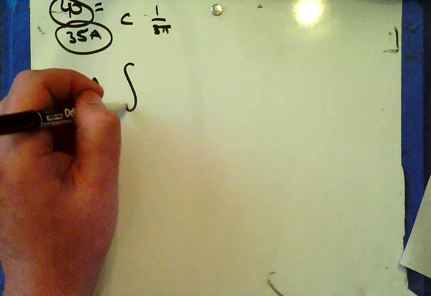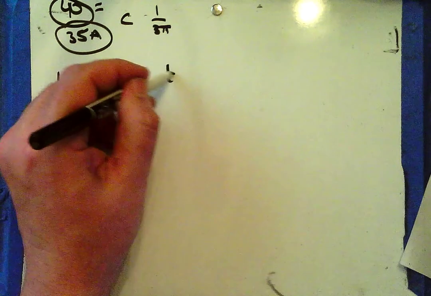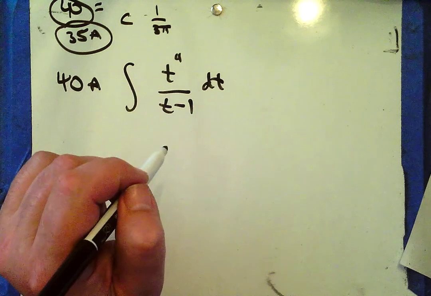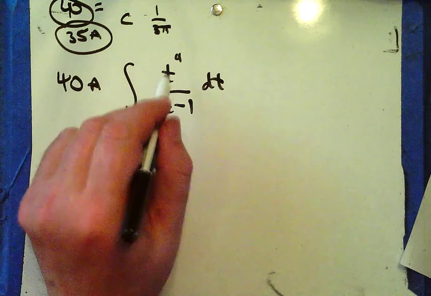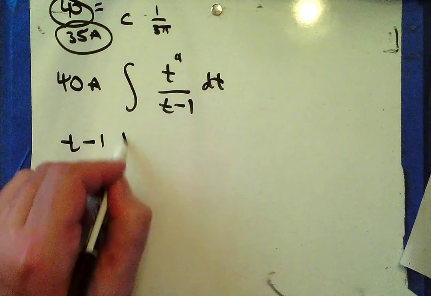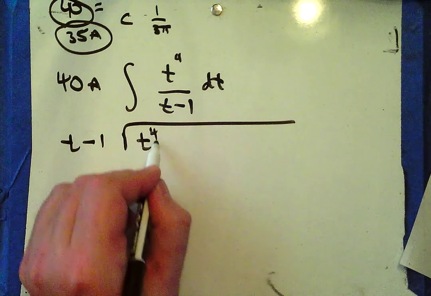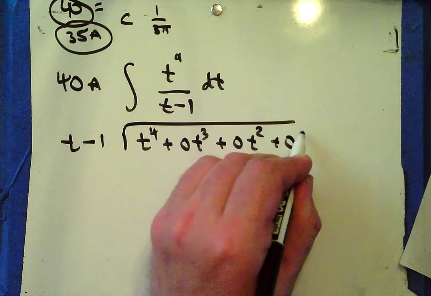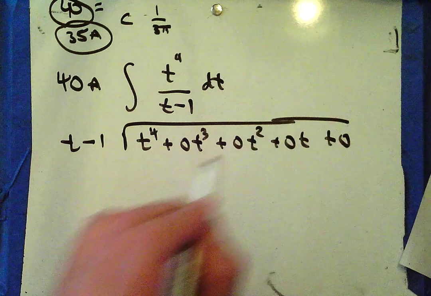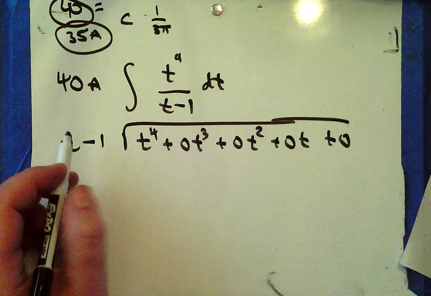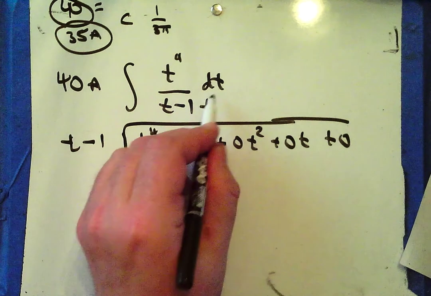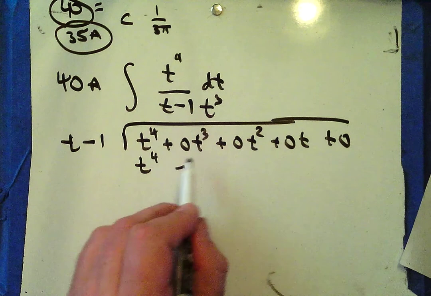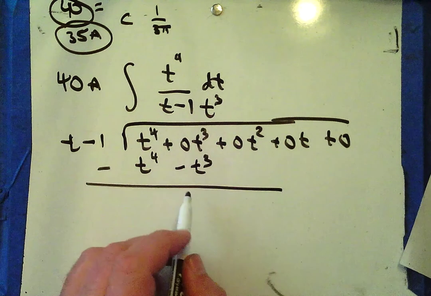40a says the integral of t to the fourth over t minus 1 dt. Okay, well, guess what? That's long division. T minus 1 into t to the fourth plus 0 t to the third plus 0 t squared plus 0 t plus 0. So that goes t to the third times t minus 1, giving t to the fourth minus t to the third, and I subtract.